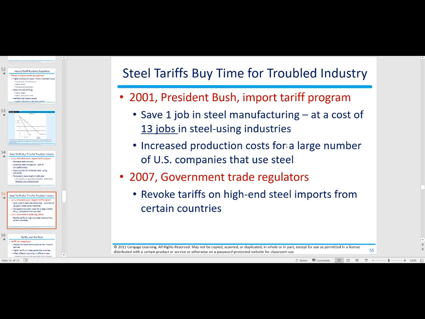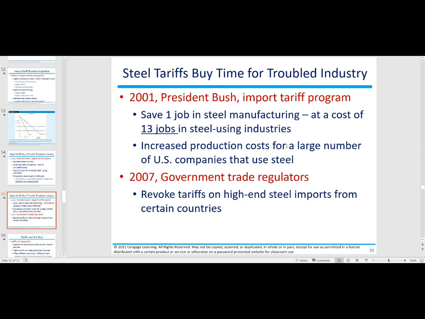Think about this. If we save the steel manufacturers, what's going to happen to the costs of those that use the steel produced? So imagine, for example, Caterpillar versus Nucor. Nucor produces steel. Caterpillar needs to buy steel to make bulldozers. If there are increased tariffs on foreign imported steel, then the costs of Caterpillar are going to go up and make it less competitive.